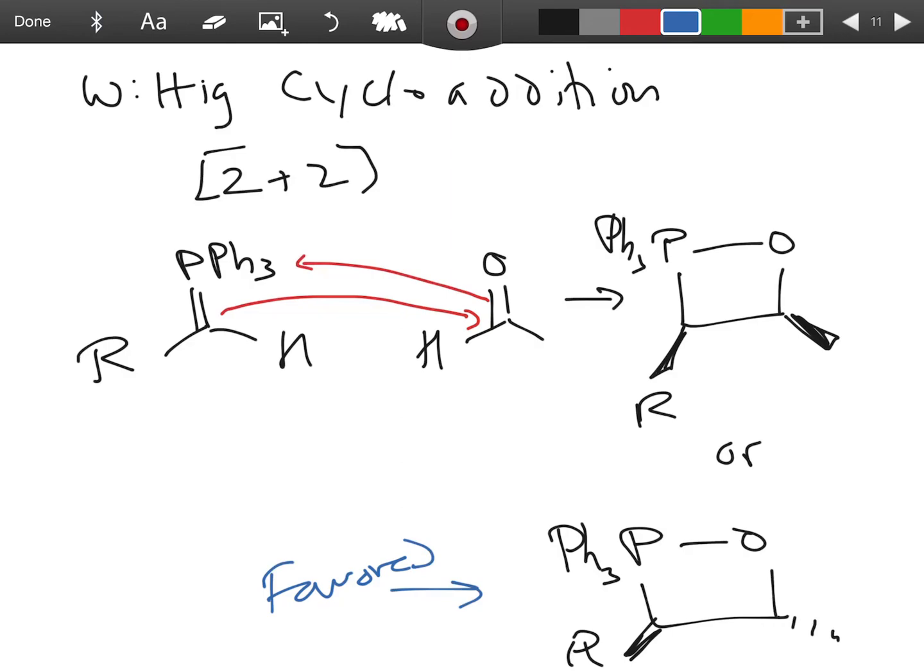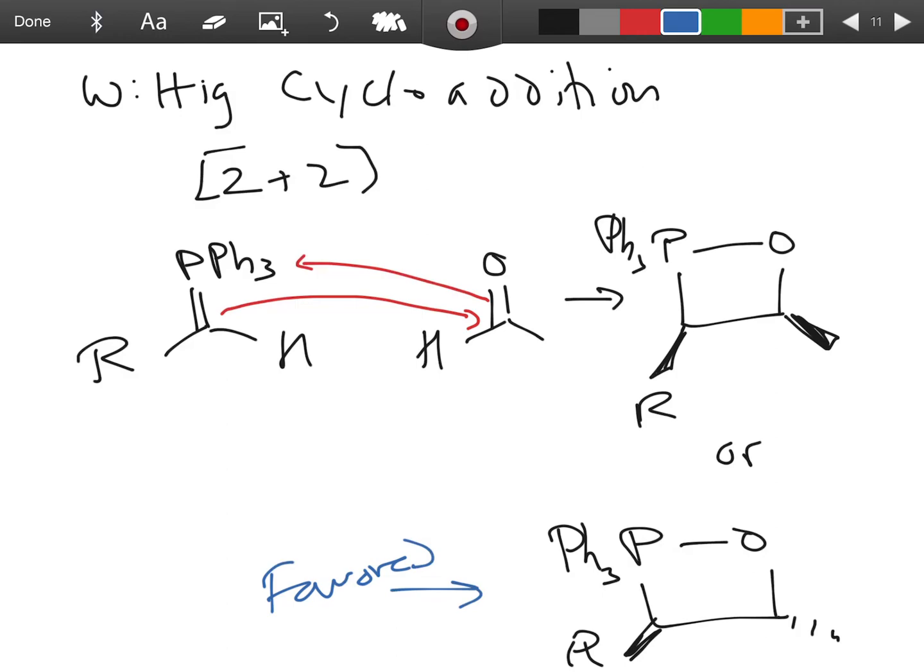When you make the group on the aldehyde bigger, more cis. When you make the groups on the phosphorus smaller, less cis, right? It doesn't touch the stabilized ylide, but don't worry about it. But if you look at this transition state, if R1, the group on the aldehyde, is big, it wants to orient itself more away from the phosphorus.